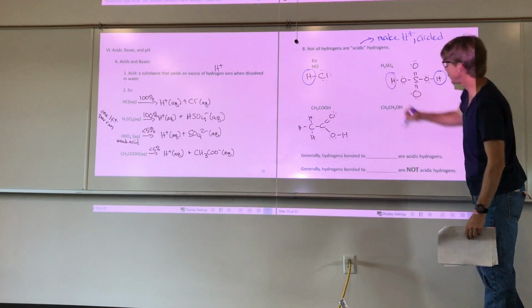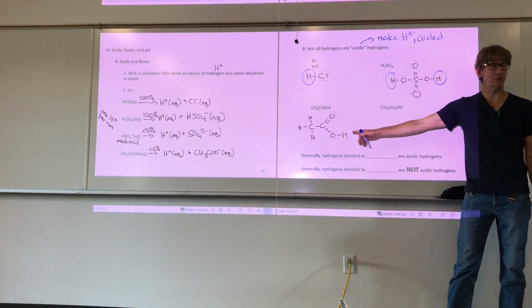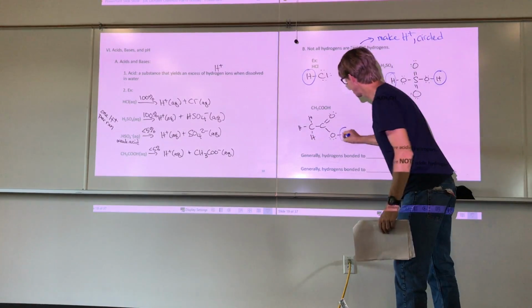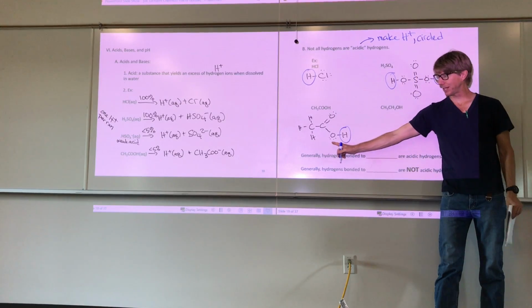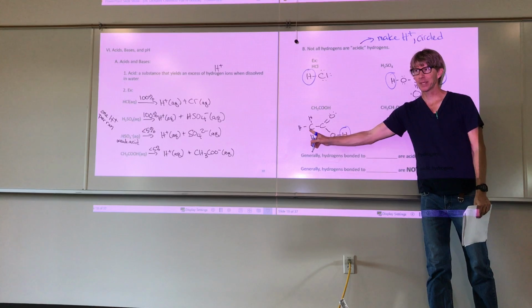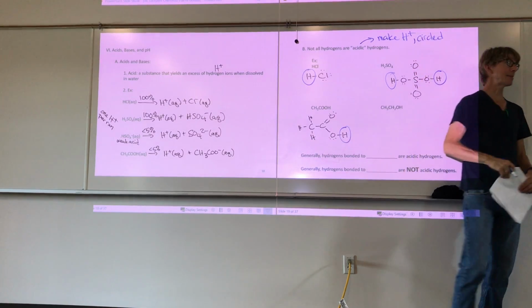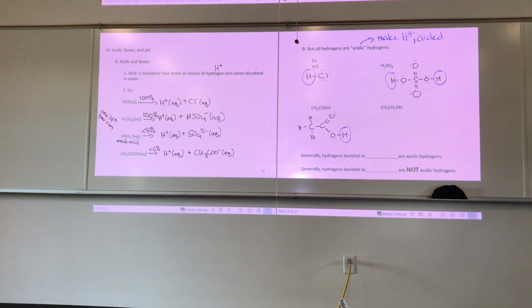Only 2 H's here. But there's 4 H's down here, and I'm drawing a distinction now between the H bonded to the O and the H bonded to the C. The H bonded to the C never makes H+. That is a general rule, right? In Chemistry 400, we want you to know the things that are true 90+% of the time, and that one's true 100% of the time in Chem 400.